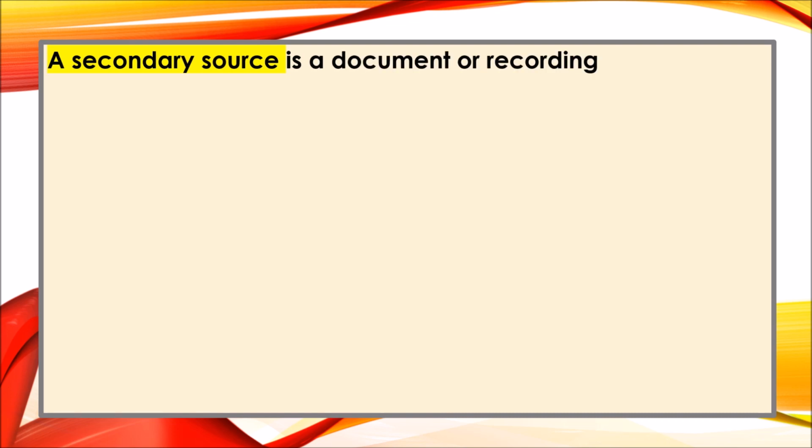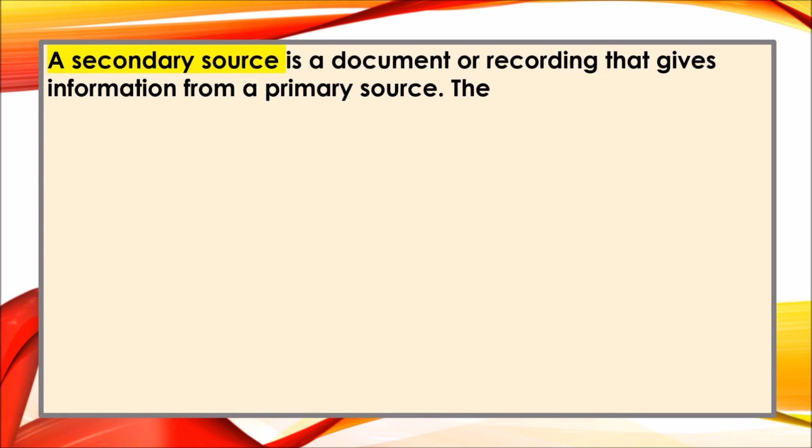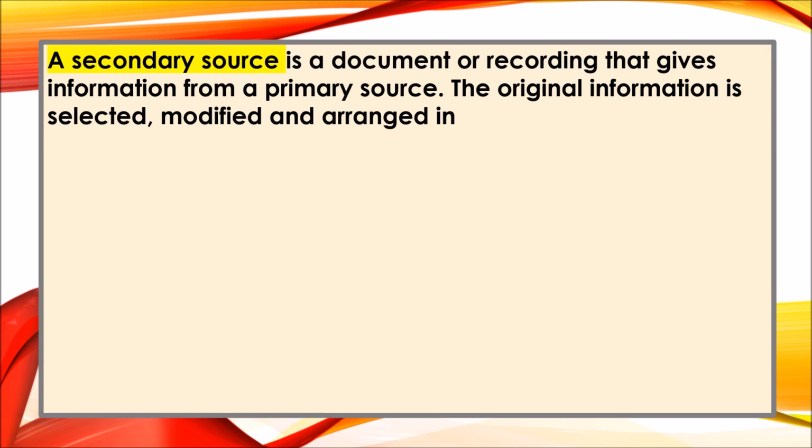A secondary source is a document or recording that gives information from a primary source. The original information is selected, modified, and arranged in a suitable format.